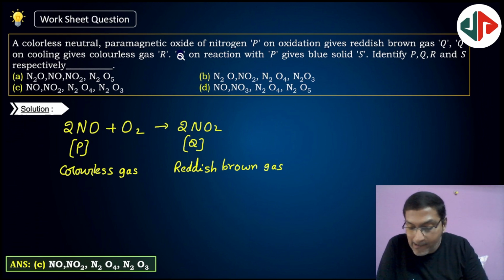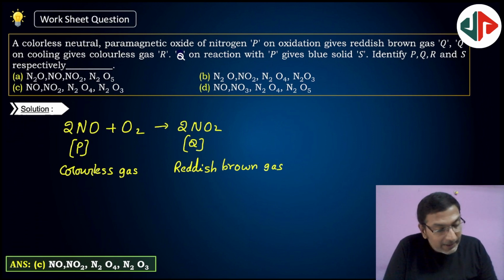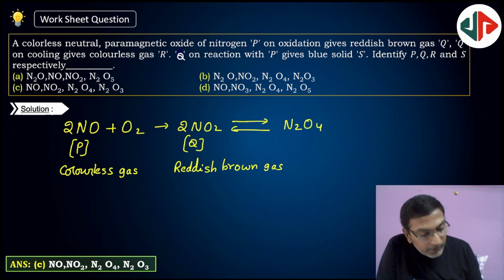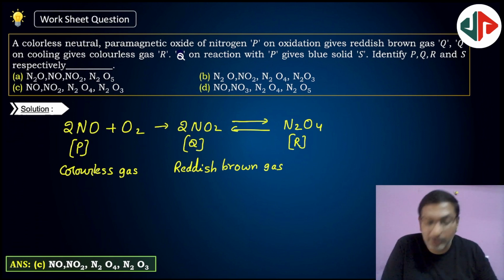Next, one more point is that Q on cooling will be converted to N2O4, which is R, dinitrogen tetroxide.